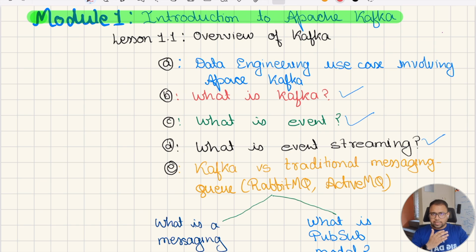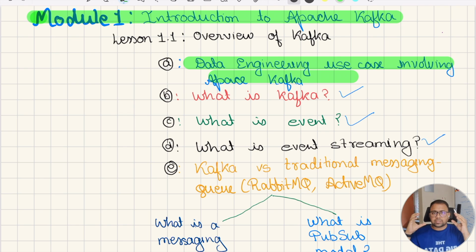For the coming days, we will be talking about module 1, which is introduction to Apache Kafka. Once that is complete, we will go to module 2. In module 1, we have already completed the data engineering use case involving Apache Kafka.